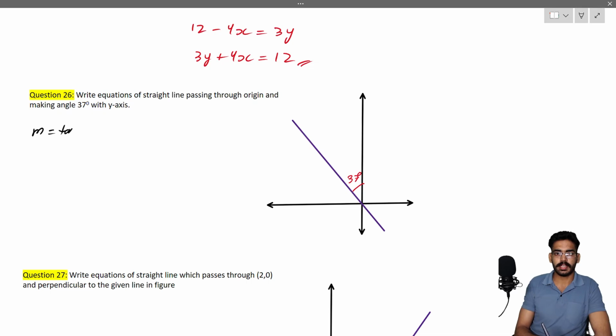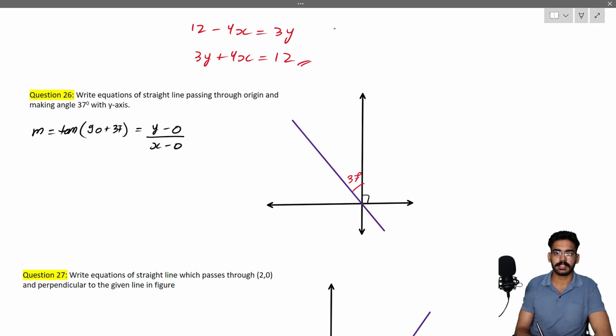So slope is tan of, what is the tan of here? This angle is 90. So with x-axis it is making 90 plus 37 degree. Okay, and that is equal to, what we can say, 90 plus 37 degree. Okay, that is passing through 0 comma 0. So let's pass through, it is 0 comma 0, y minus 0 divided by x minus 0.